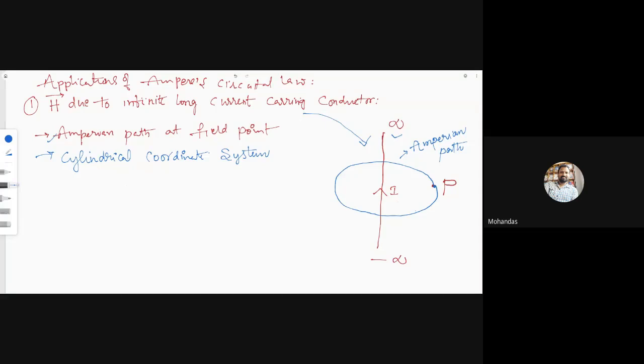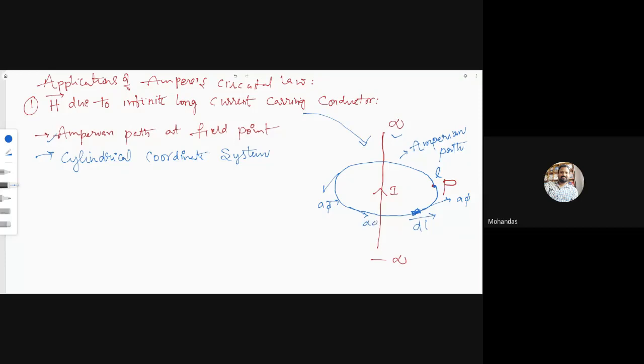If it is the cylindrical coordinate system, then you have to calculate the dl here. L is the total length of the Amperian path. We have to choose a differential length dl here. As it is a circular shape, it will be changing in the direction of a phi, the tangential direction.